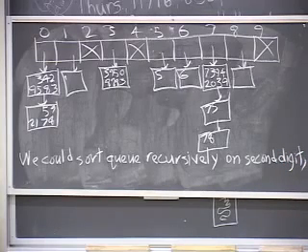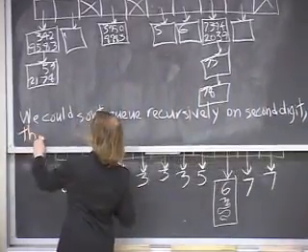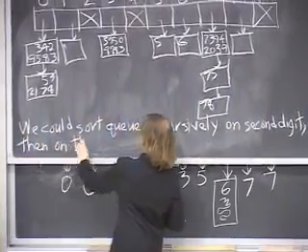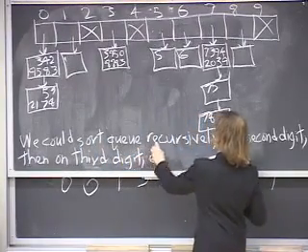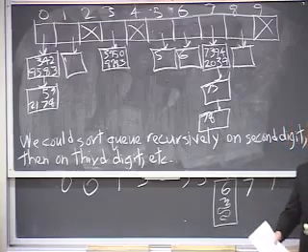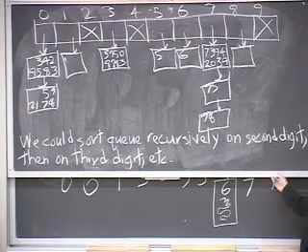And when you've done that, that will break them down into even smaller queues. You can sort those on the third digit. And you can keep this process up until you get to the very last digit. And now your list is totally 100% in sorted order. And there you have it, a linear time sort.